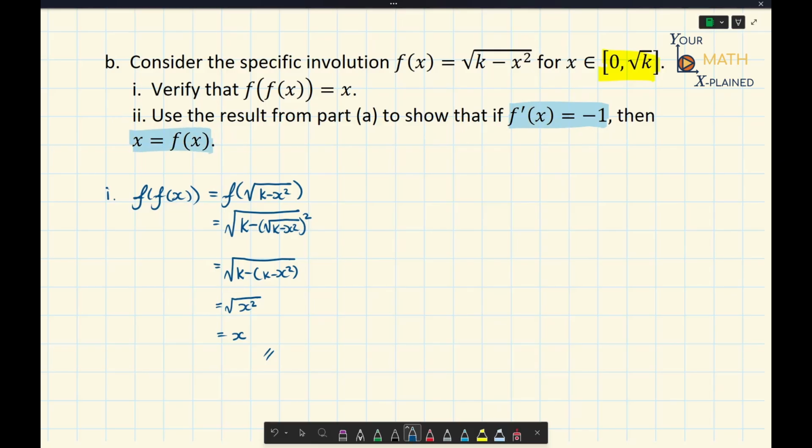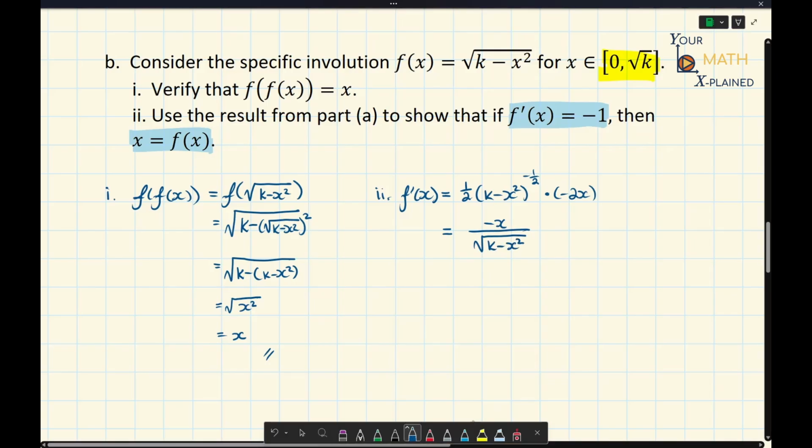First, let's take a look at what f prime of x is. So we're going to take the derivative of f of x, which means f prime of x is equal to 1/2 times (k minus x squared) to the power of -1/2 multiplied by -2x. Now simplifying this is going to give us negative x over the square root of k minus x squared.